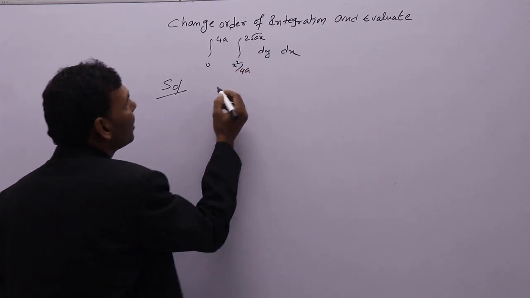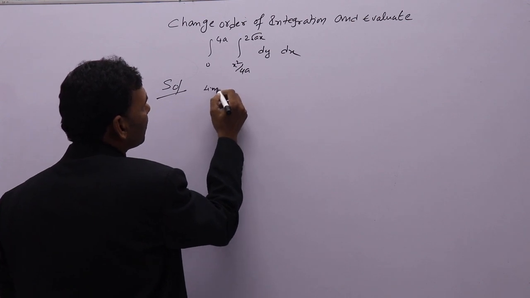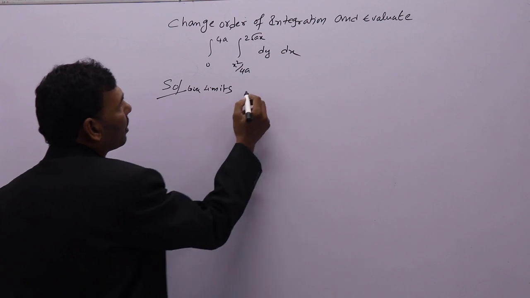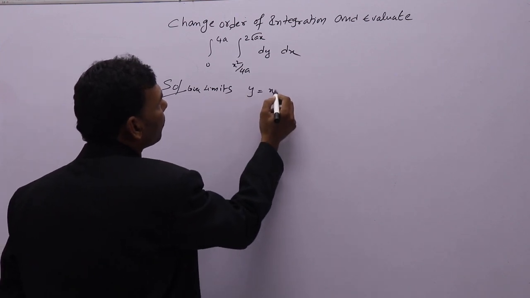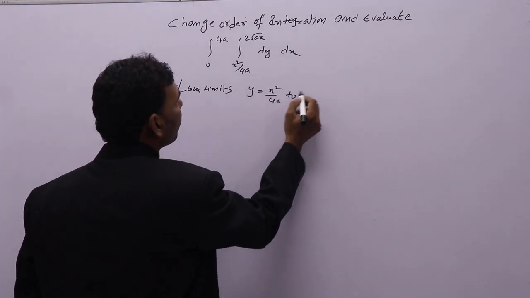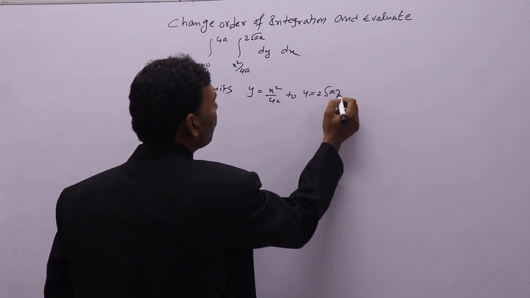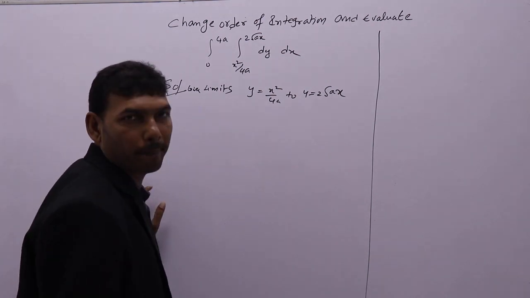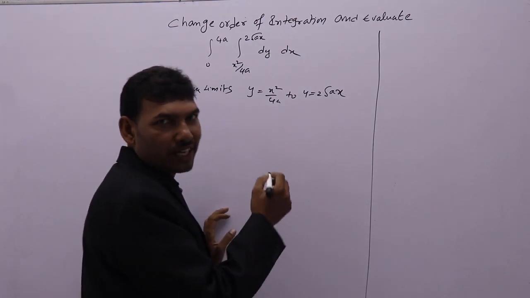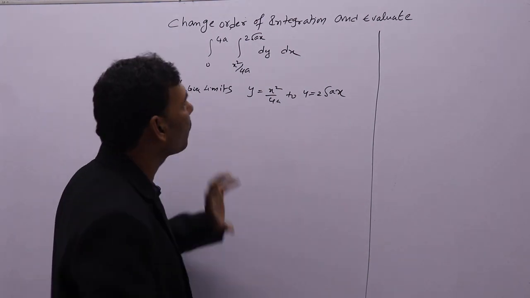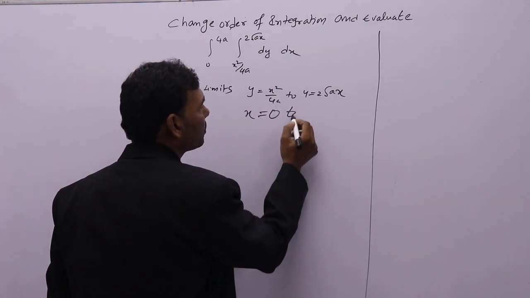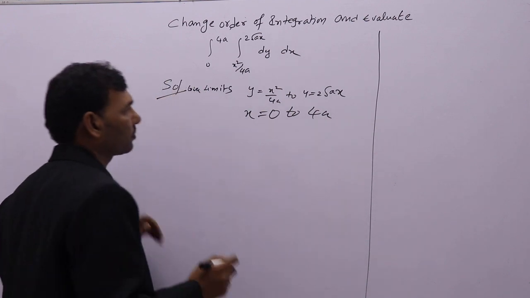That means the limits of y are the given limits. Y equal to x squared by 4a to y equal to 2 root ax. The x limits are x equal to 0 to 4a.